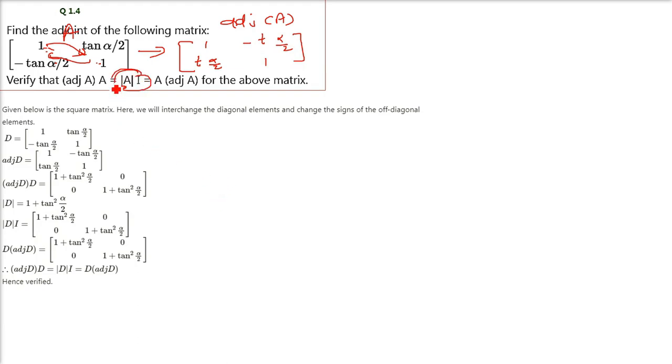now this we are doing. So we'll try to find out the determinant. So I am taking the determinant. It will be 1, means this 1 into 1 is 1, minus tan alpha by 2 into tan alpha by 2. Since it is negative, it will be 1 plus tan square alpha by 2. Okay. And this is determinant of A, and multiply it with the identity matrix. 2 by 2 identity matrix is what? 1 0 0 1.